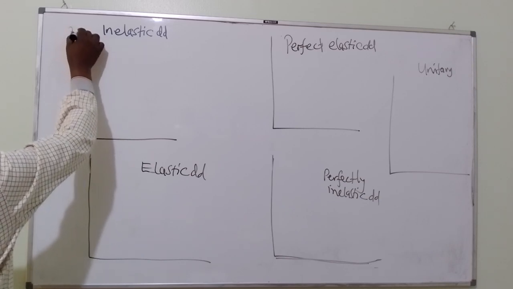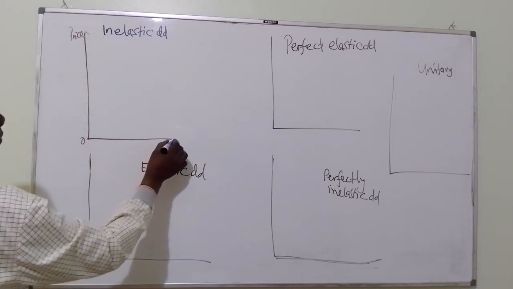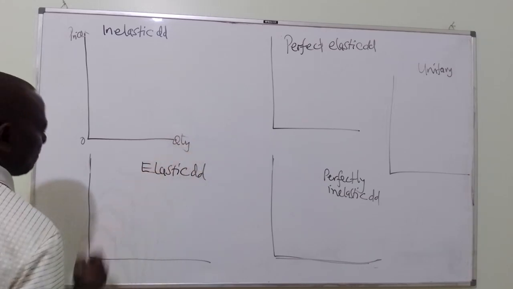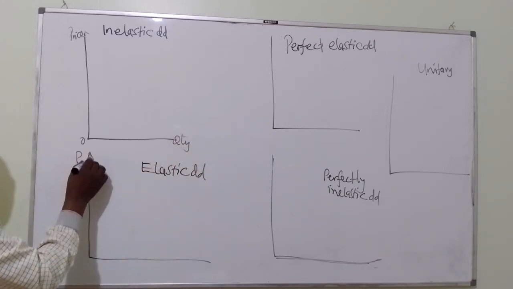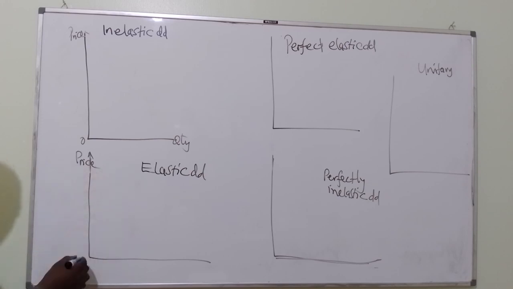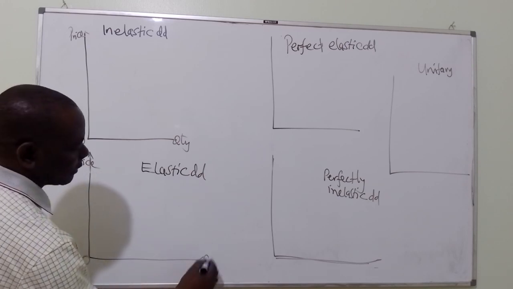We put a price here, origin, quantity. Price here, origin, quantity.